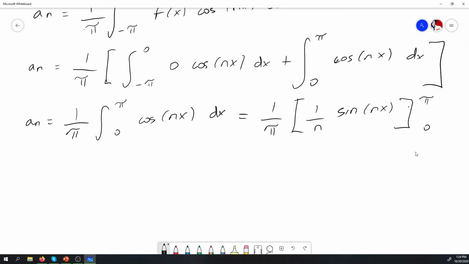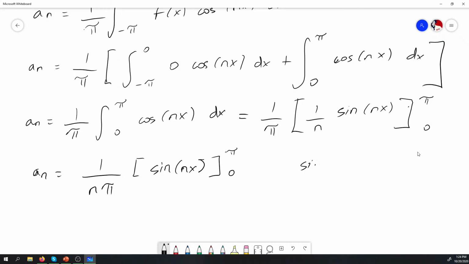So let's resolve this out: 1 on n pi into sine n of x between pi and 0.